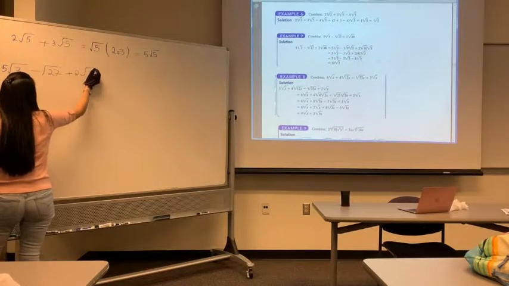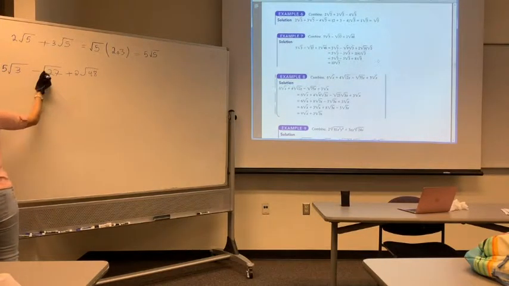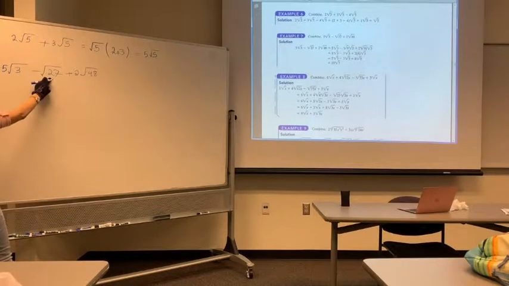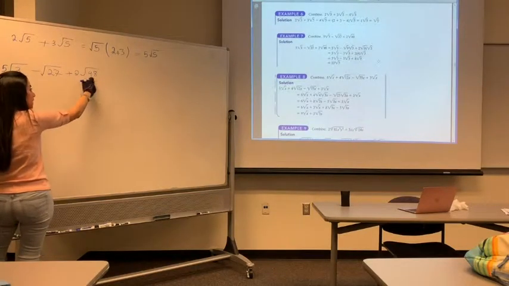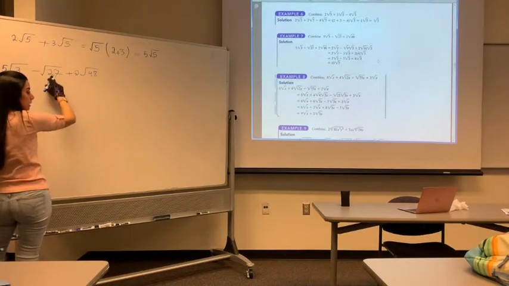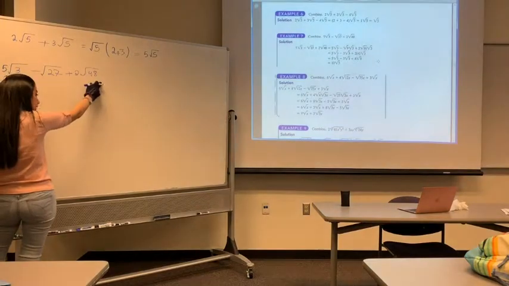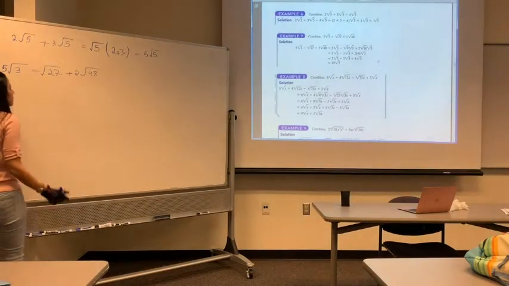So we already worked on radical 27 with index 2, radical 48 with index 2. Let's simplify these to see what we can bring out and what stays inside the radical.